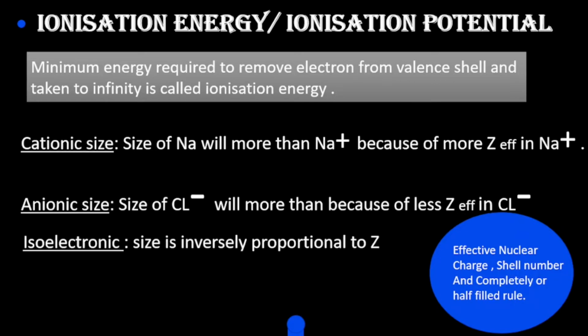More attention means more force, and more force means size will decrease. So if I ask which is larger, sodium atom or sodium plus ion, definitely the sodium atom will have larger atomic size than sodium plus. This is a way to keep it in mind.